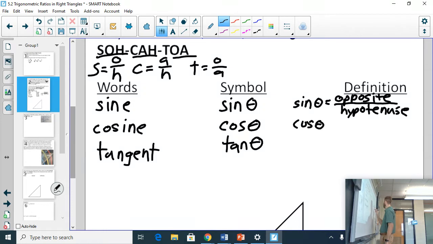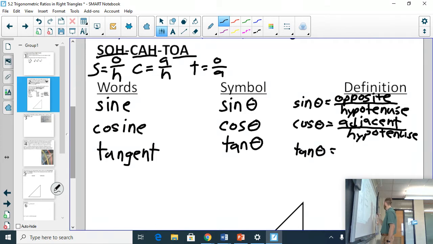Cosine theta equals adjacent over hypotenuse. And then tangent of theta would be opposite over adjacent.